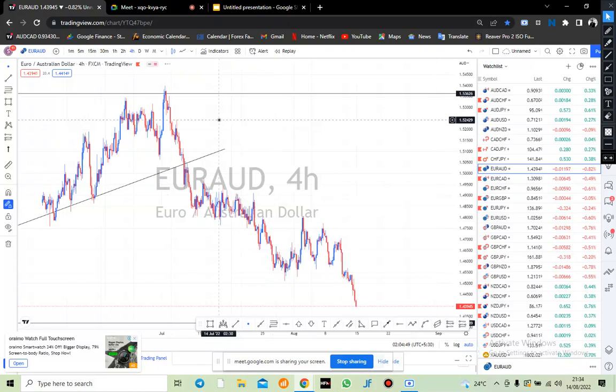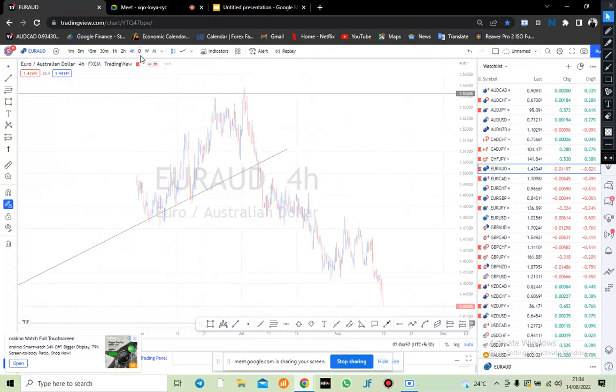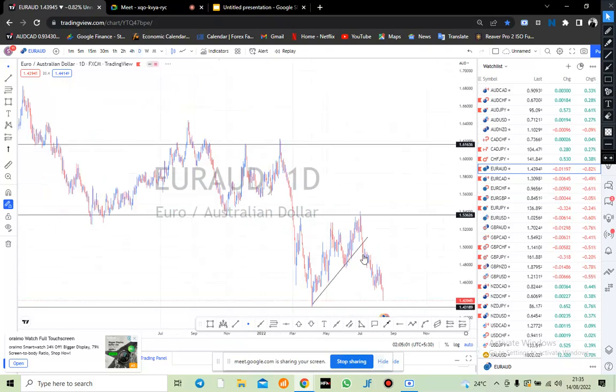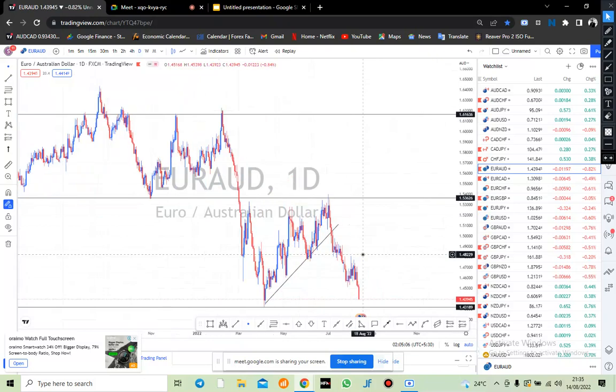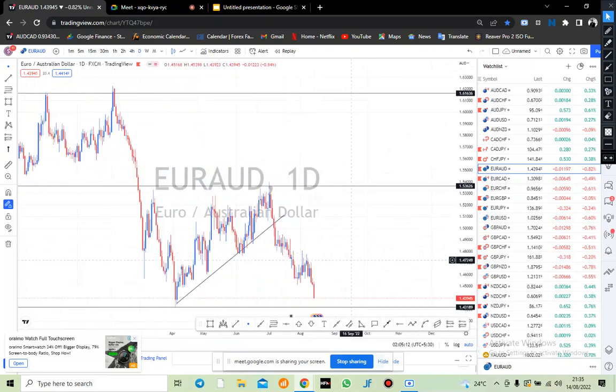Okay, let me check on daily time frame. So I'm going to draw the next trend line below the price. Let's say from here to here.